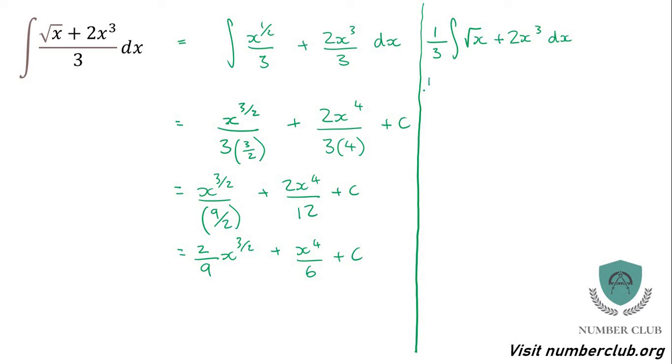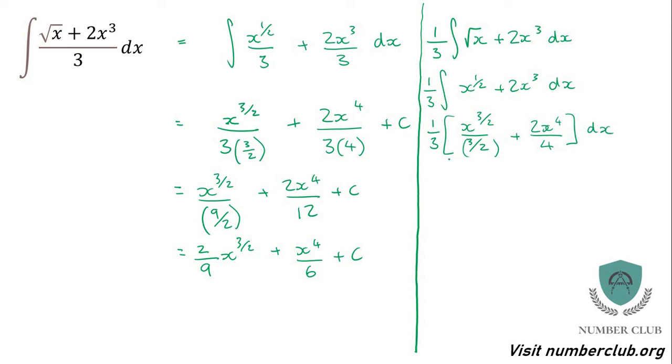Sometimes people find that a bit easier to deal with. So you would have 1/3 of the integral of x to the power of 1/2 plus 2x cubed dx, and that's going to be 1/3 of x to the power of 3 over 2 over 3 over 2 plus 2x to the power of 4 all over 4, which will be 1/3 lots of 2/3 x to the power of 3 over 2 plus x to the power of 4 over 2.